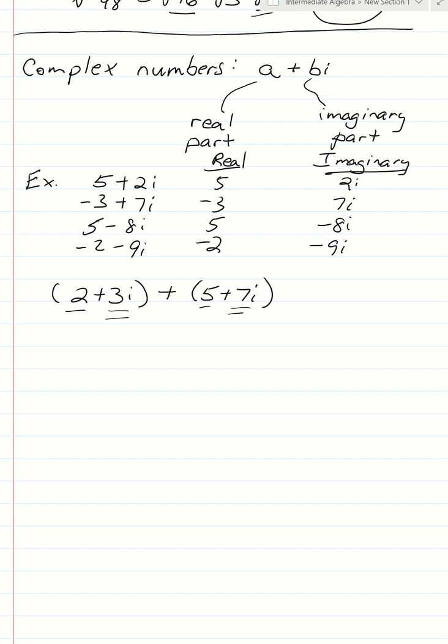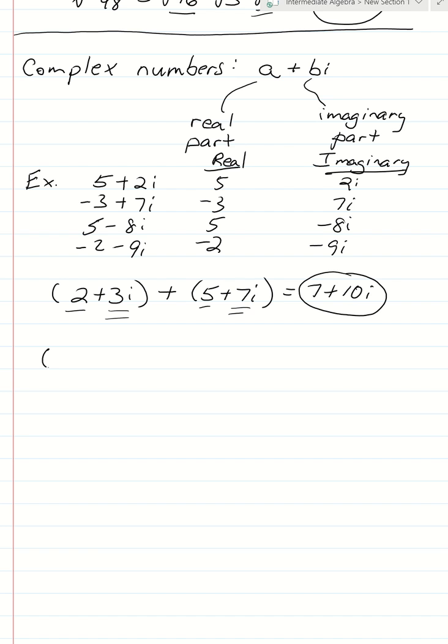And we've done something similar to this already when we were adding and even subtracting polynomials. We basically had to combine like terms. So if we were to add these together, we would take the 2 plus the 5, and that would give us a 7. Then we would have to take the positive 3i plus the positive 7i, and that would give us a plus 10i.